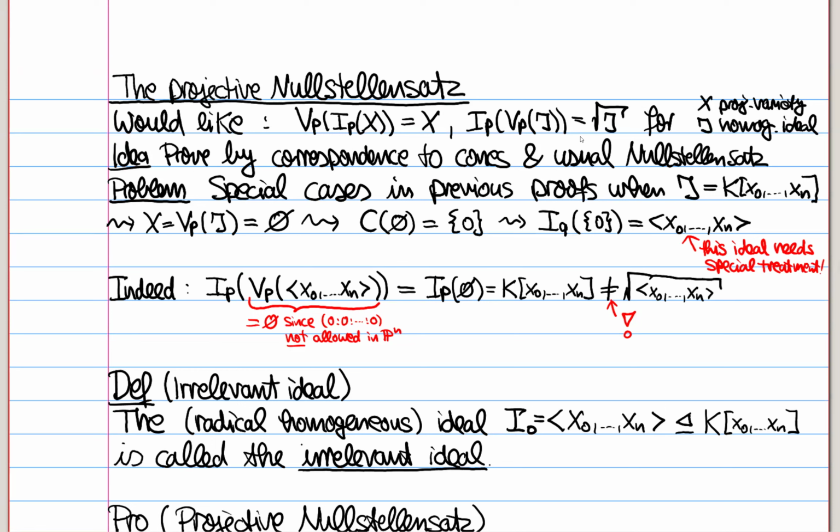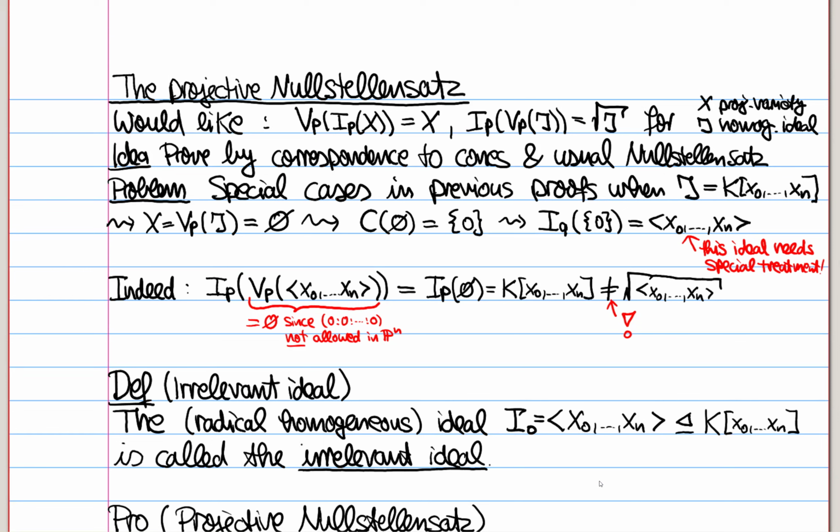But the good news is that if we just exclude this one troublemaker, this one ideal, then the Nullstellensatz works. And so we define the irrelevant ideal, I0, to be just this maximal ideal generated by x0 to xn. It is radical, and it is of course also homogeneous because all of these generators are homogeneous of degree 1.